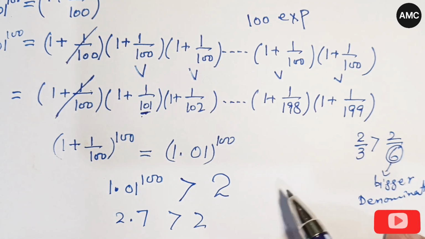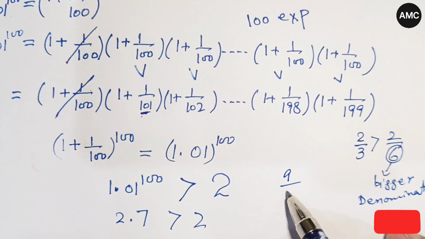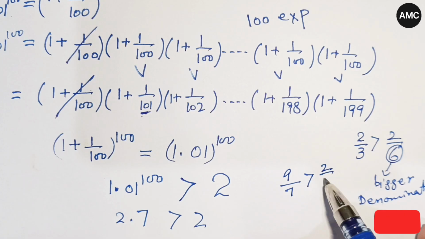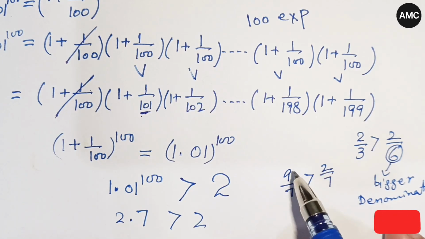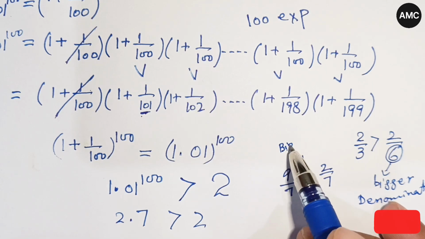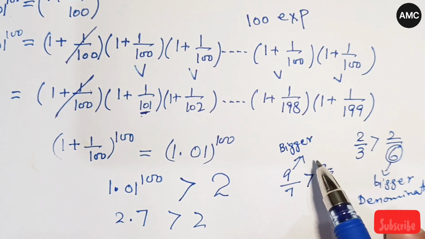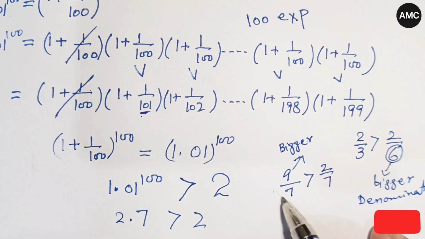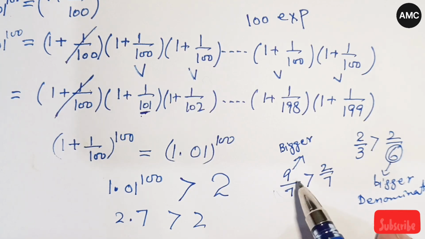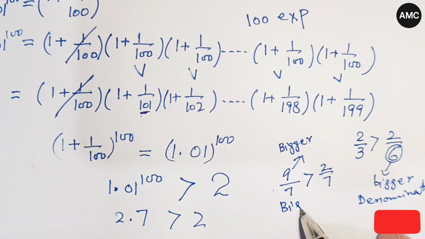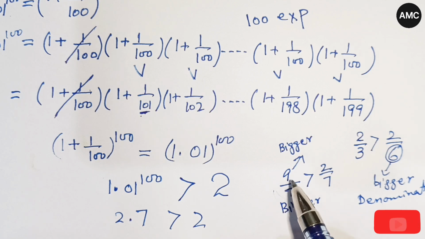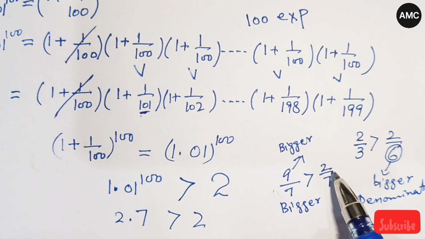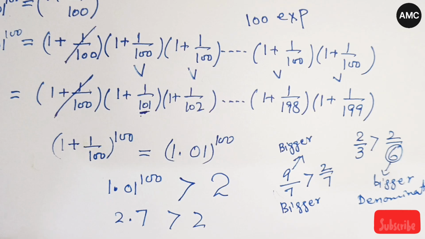And if we have different numerators with like denominators, the denominators are the same and the numerators are different, so having a bigger numerator always gives a bigger fraction, and having a smaller numerator gives a lower fraction.